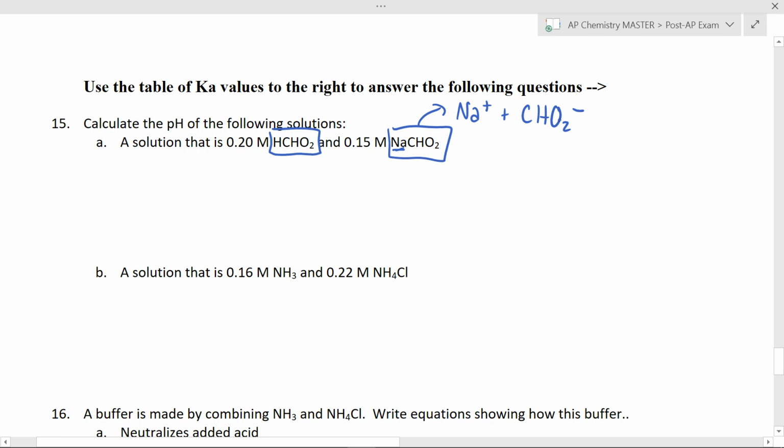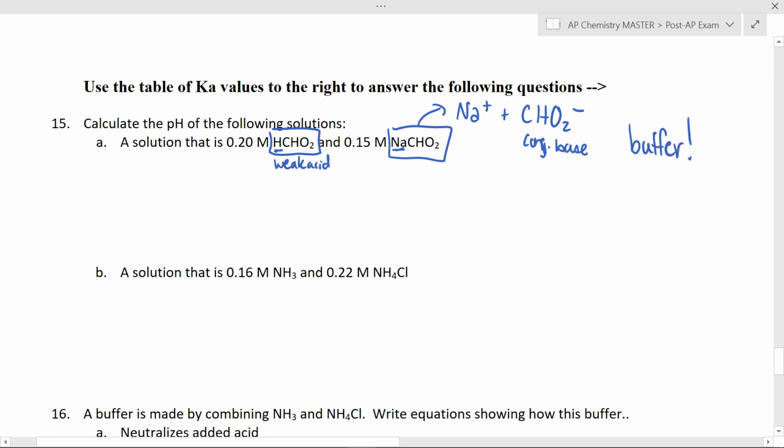And then notice how CHO2 minus, that's what you get if you take a hydrogen away from this thing right over here. So that means that this is the weak acid and this right here is a conjugate base. And whenever you mix together a weak acid plus a conjugate base, you are going to get a buffer.